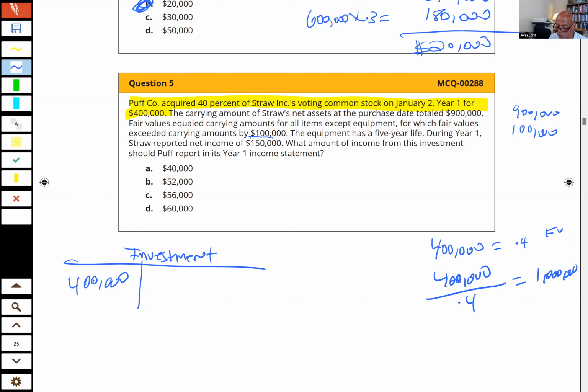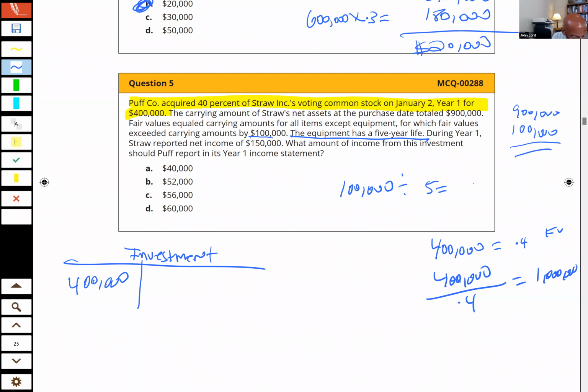And then they tell me that was accounted for by 100,000 of assets that had a fair value in excess of their book value. Those assets were equipment that had a 5-year life. So I take that 100,000 and divide it by 5.